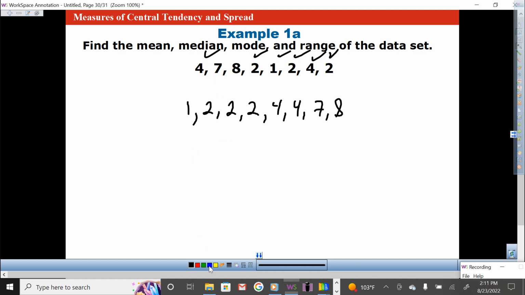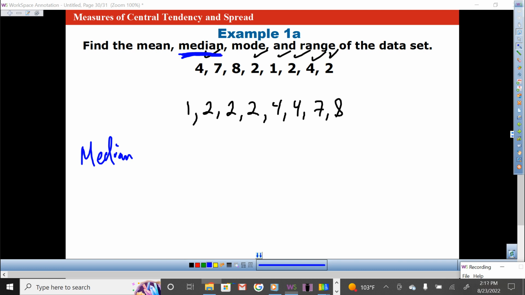Next, start off with the median. I'm going to use blue for the median. What is my median? How do we find the median? Tell your neighbor. So, good conversations.